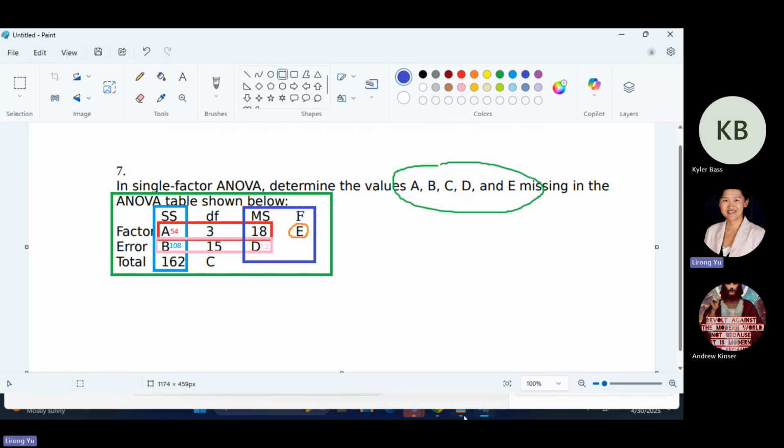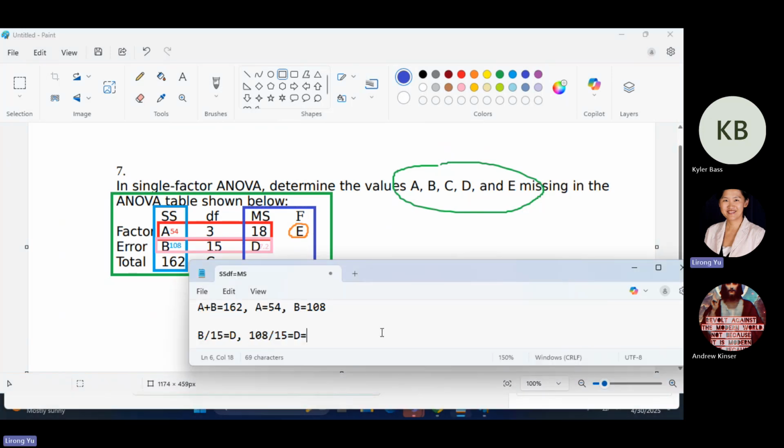So F is equal to the mean square variance between, which is 18, divided by the variance within. That's D, representing the mean square caused by error, like a natural selection error.